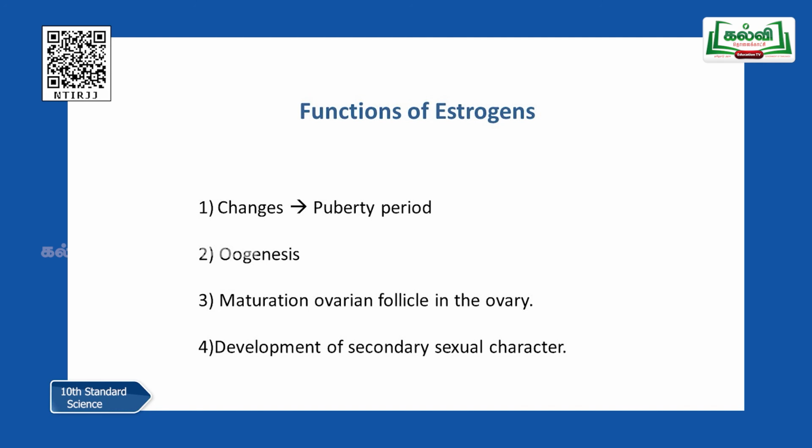Menstruation takes place with 14 days for egg formation and 14 days of waiting, which is called premenstrual changes in the uterus. That means formation of the egg and preparing the uterus for implantation of the embryo. Implantation of the embryo you will study in an elaborate manner in higher standards. Progesterone also maintains the pregnancy and forms the placenta. The placenta is the connection between the child and the mother, which everyone knows about.